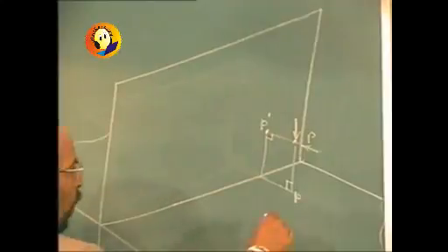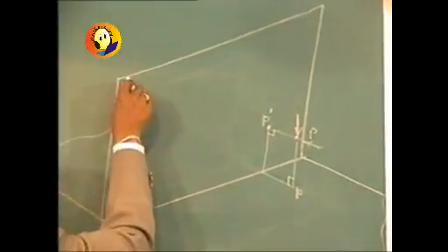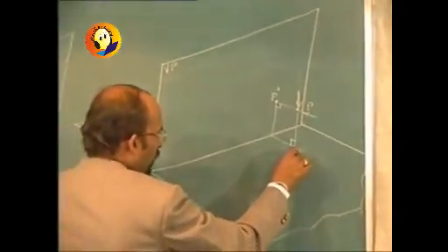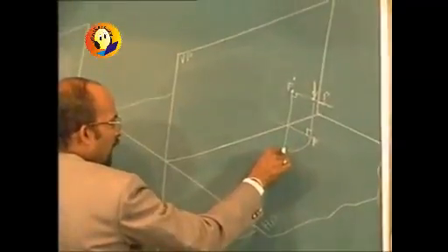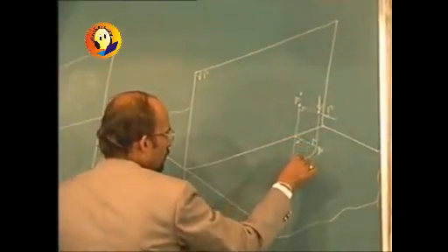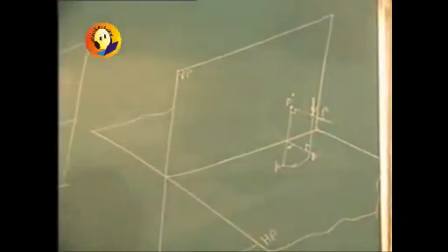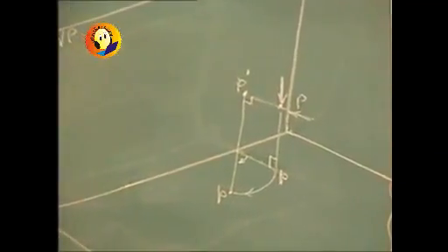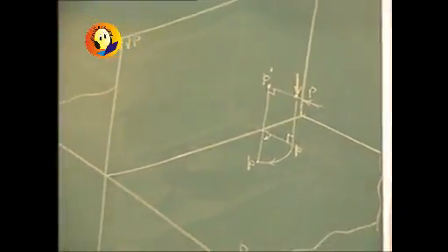Now when we open up this particular horizontal plane, then point P will get rotated and this line will simply coincide. This is how it gets rotated, and this will be point P. And ultimately, when we draw the projection of point P, we'll be drawing a line perpendicular to XY.